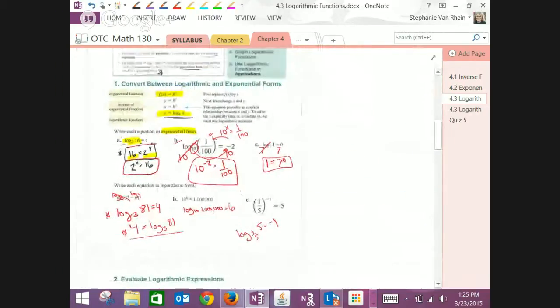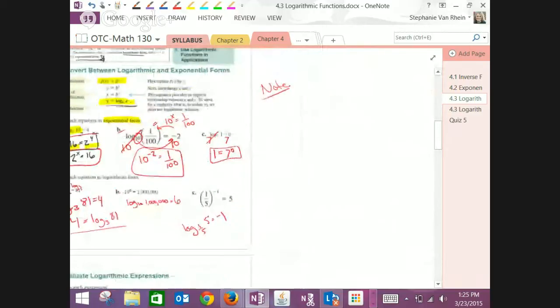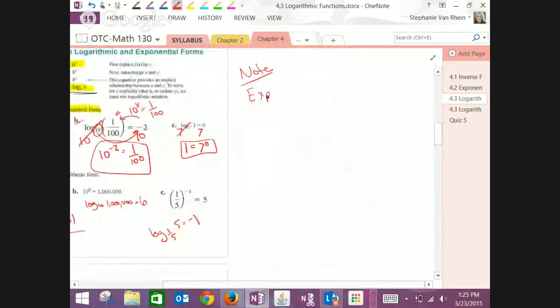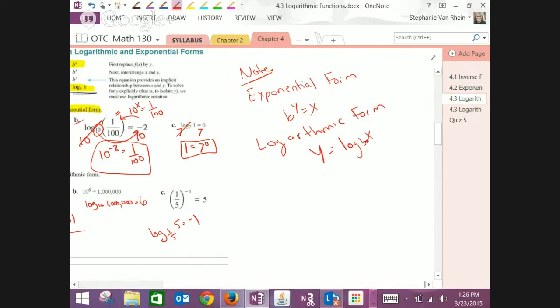So just to give you an outline, if they want you to write it in exponential form, that's going to be b to the y equals x. If I want to transform that to logarithmic form, I have y equals log base b of x.